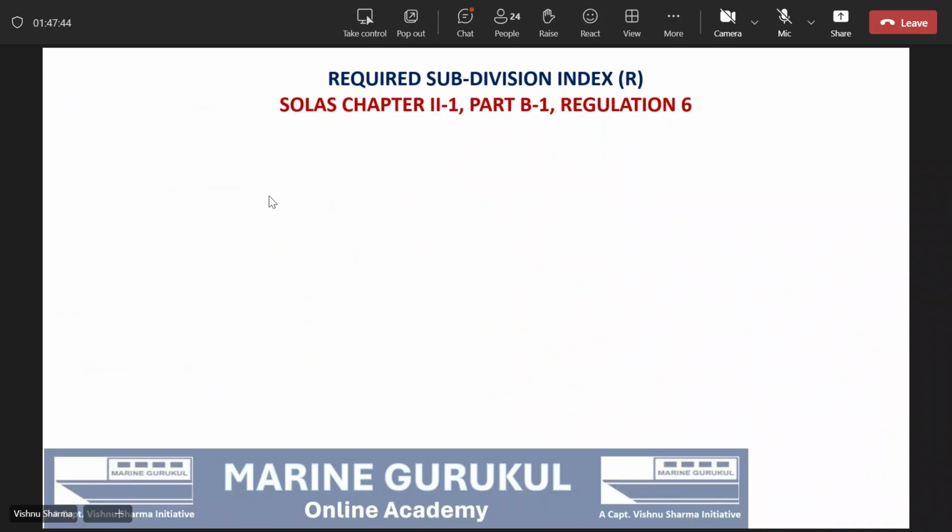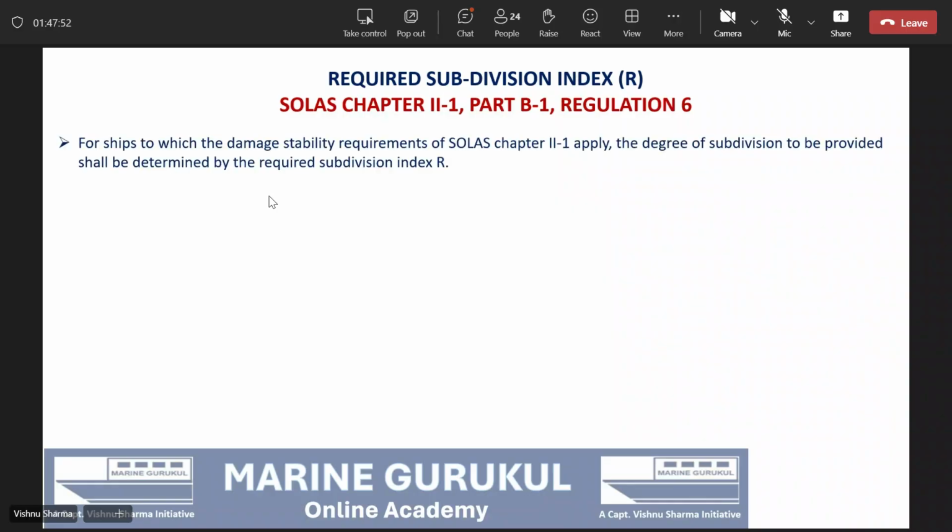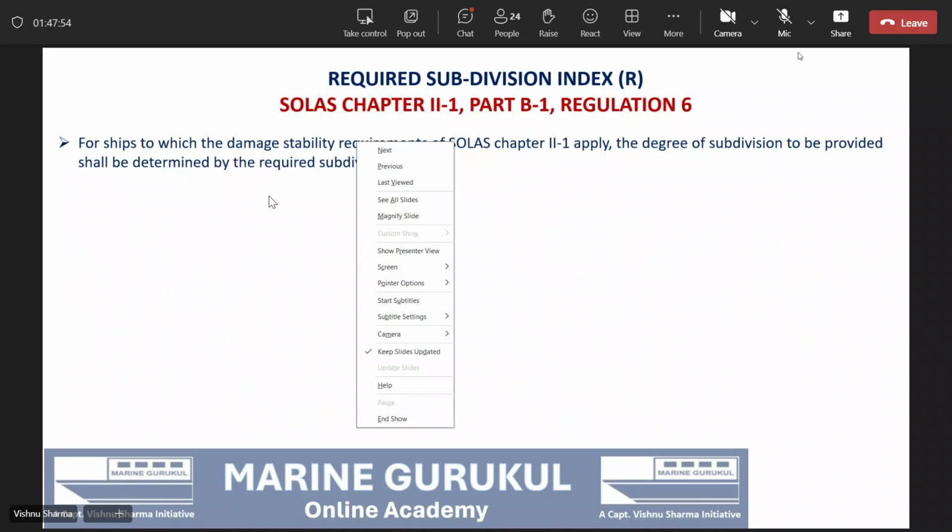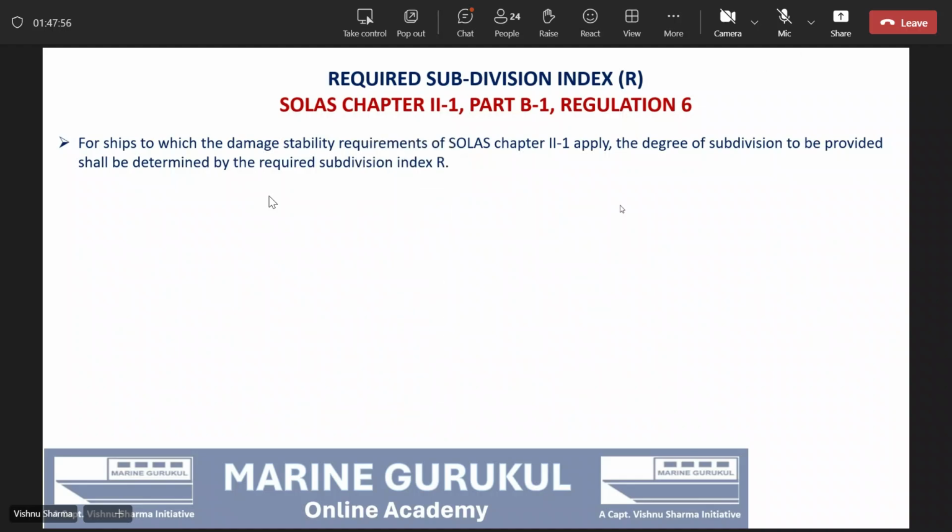Now, this capital R is calculated as per SOLAS regulation 6. For ships to which the damage stability requirements of SOLAS chapter 2.1 apply, the degree of subdivision to be provided shall be determined by, now there is no maximum floodable length, no permissible floodable length.